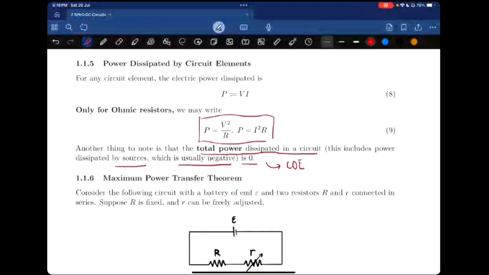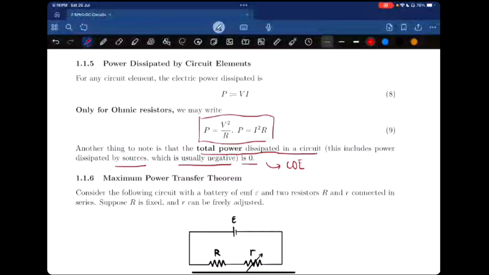In circuits, there's no fixed sign convention. You can assign signs arbitrarily as long as you're consistent. In this handout, I assigned outgoing currents as positive and incoming currents as negative, so we will stick to that.